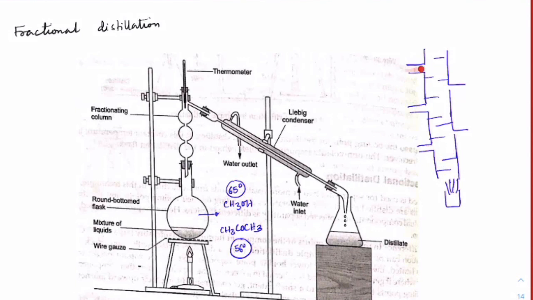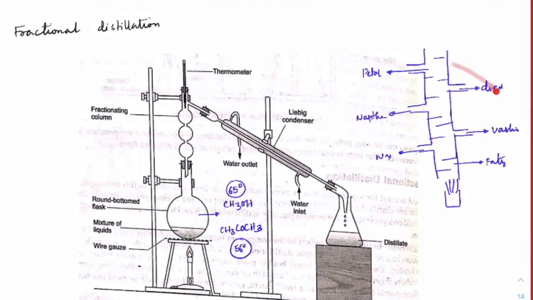At different temperatures, you will see at some point here we might get petrol, then maybe diesel, naphtha, then we might get Vaseline, wax, and much heavier fatty acids here.